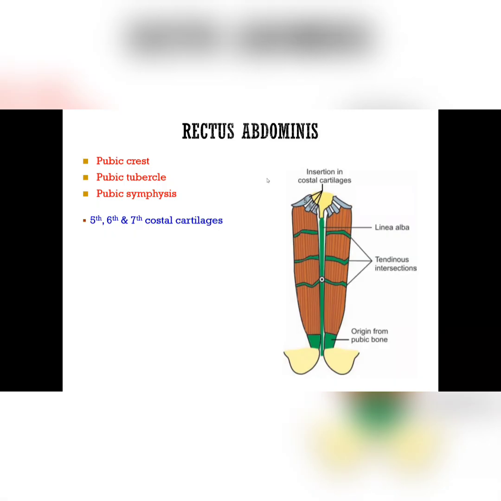Along with costal cartilage, is there anything else? Okay, in the midline, there's the xiphoid process of the sternum. Good. Very good participation, class. So if you know this diagram, you can just tell the attachments on your own. Remember the origin is from the inferior aspect and insertion is to the superior aspect.